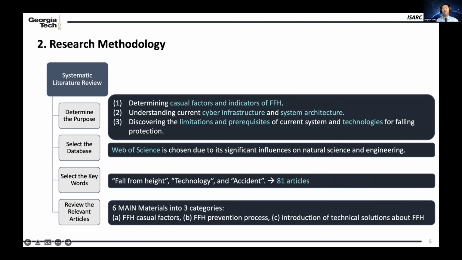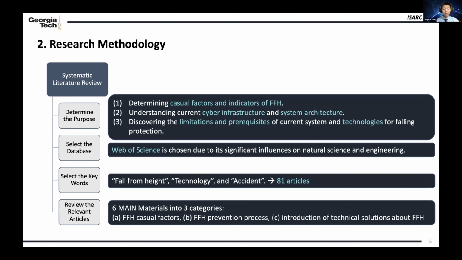As for the research methodology, a systematic literature review is conducted, which consists of 4 steps. First is the determination of the purposes, then is the selection of the database, where the Web of Science is chosen due to its significant influence on natural science and engineering, and also to select the keywords as fall from height, technology, and accident.